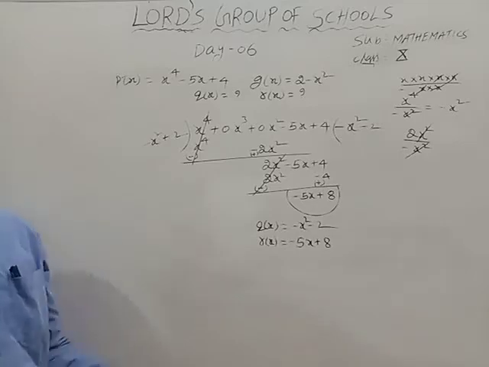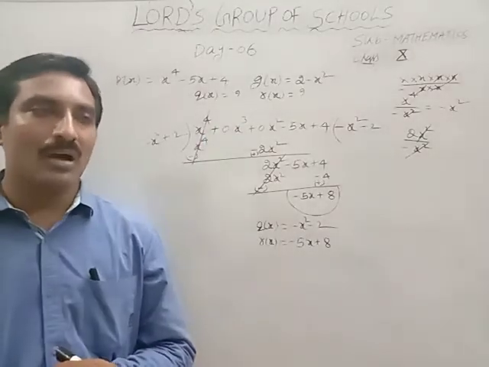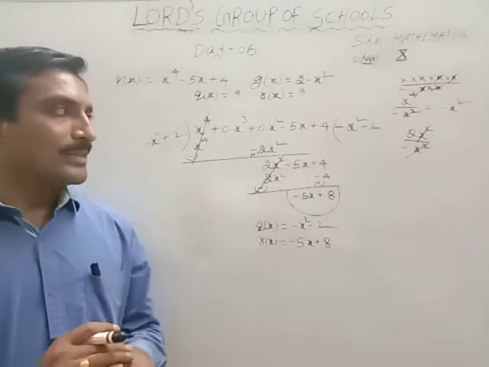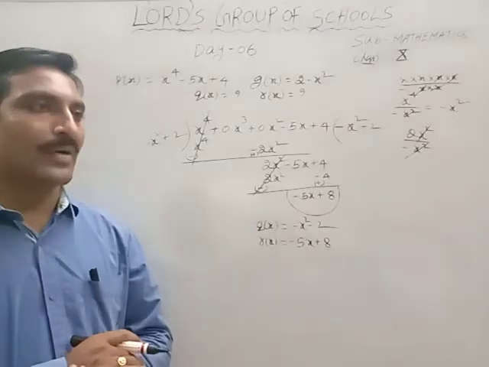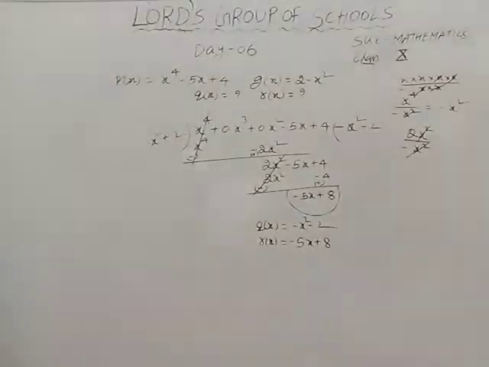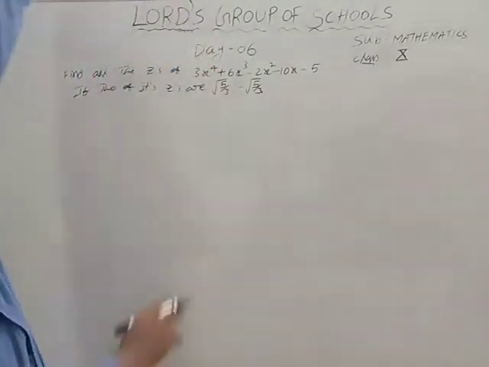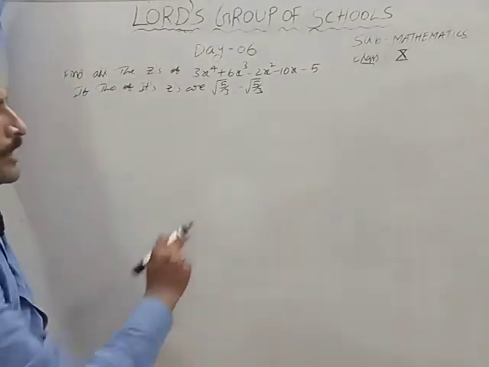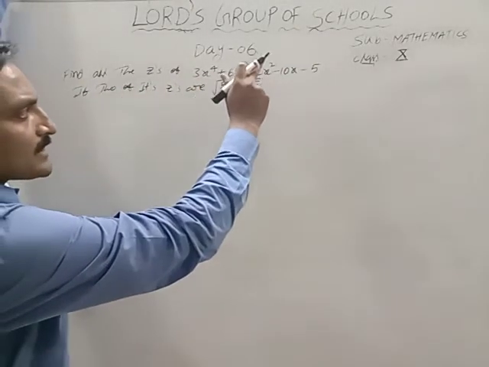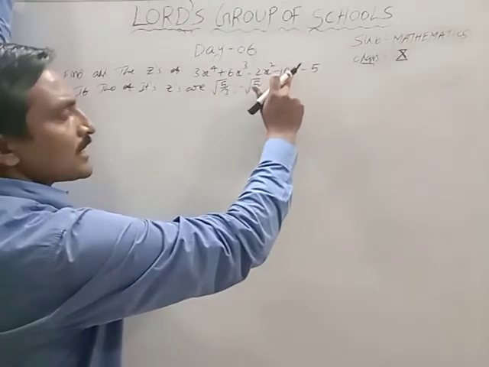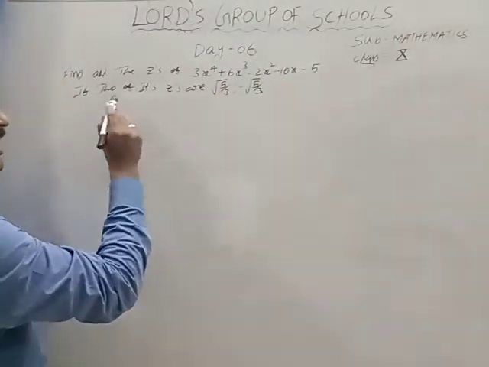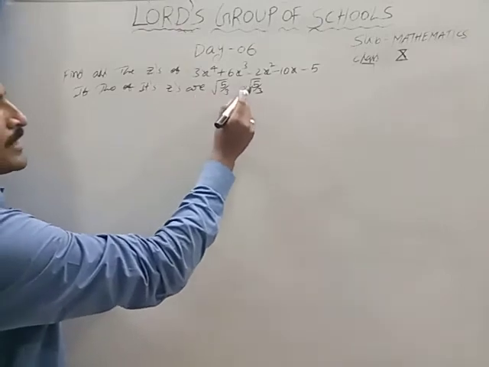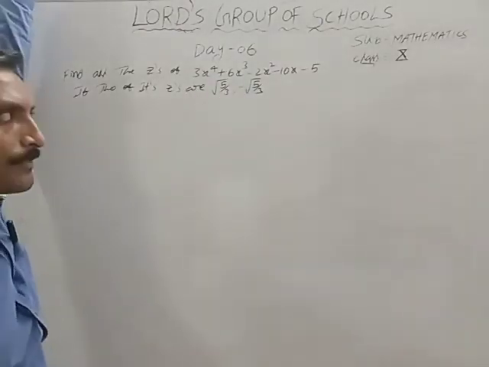Next, how do we find the other zeros if any two zeros of a particular polynomial are given? Find all the zeros of 3x power 4 plus 6x cube minus 2x square minus 10x minus 5, if two of its zeros are root 5 by 3 and minus root 5 by 3.